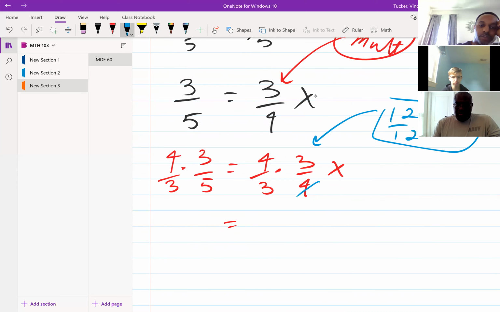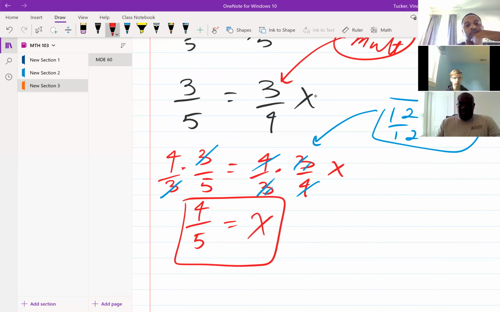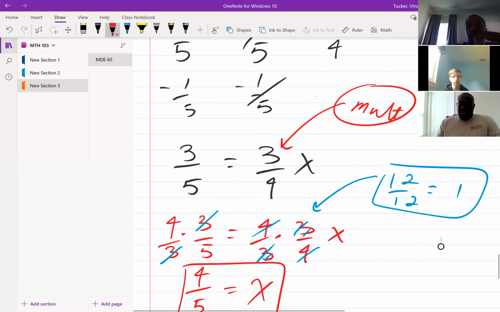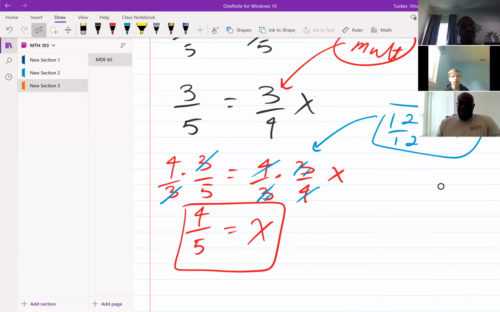Or you can just look at it as 4 cancels, 3's cancel. Either way, you're left with just x on the right. And then on the left, the 3 over 3 will cancel, leaving us with 4/5. And that should have been our answer, if I'm not mistaken. Yep, 4/5. Thank you. Not a problem.